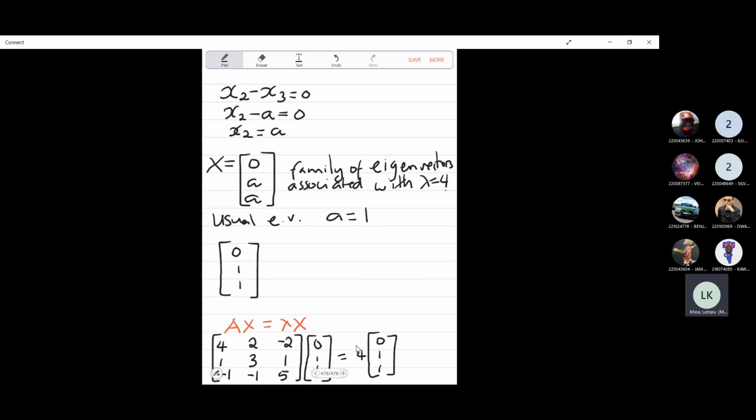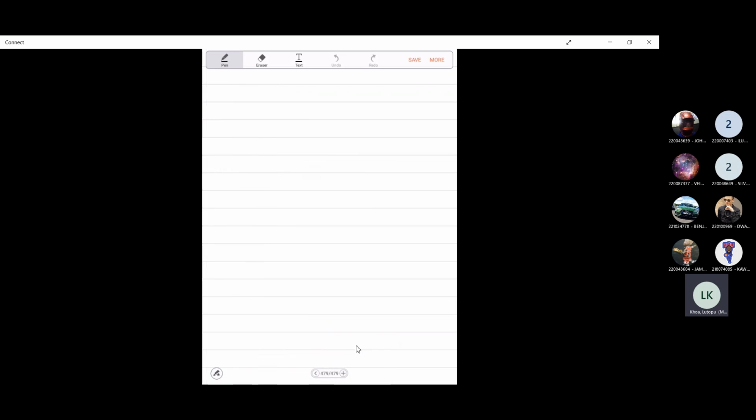And you have to do the same thing for lambda equal to 2. So when lambda is equal to 2, you have your A minus lambda I, and then you write down the augmented matrix.